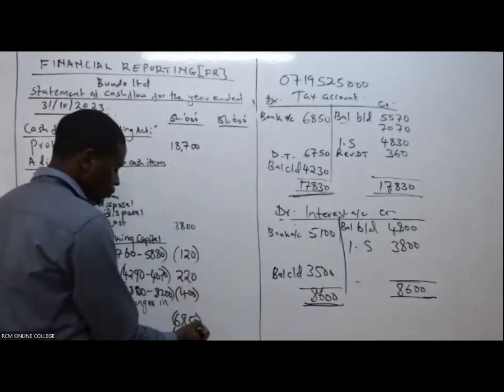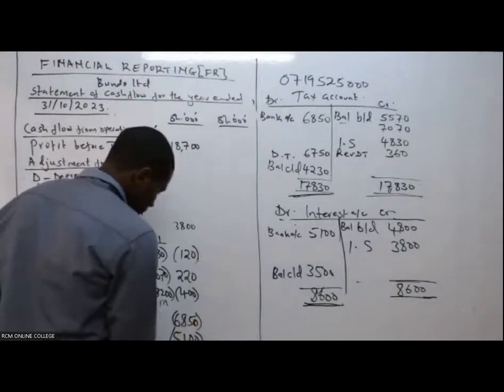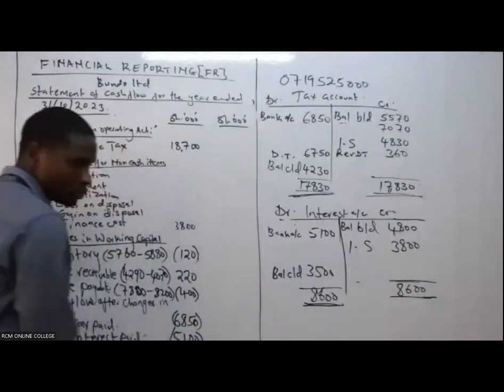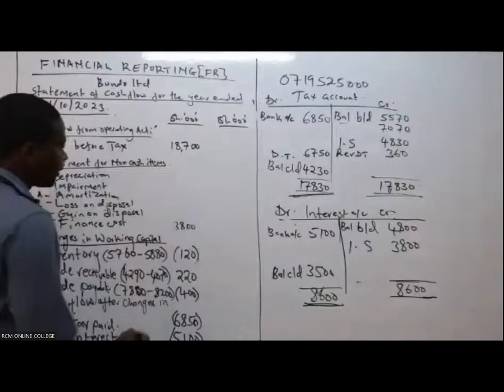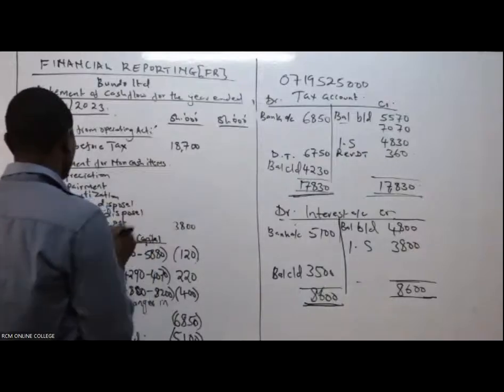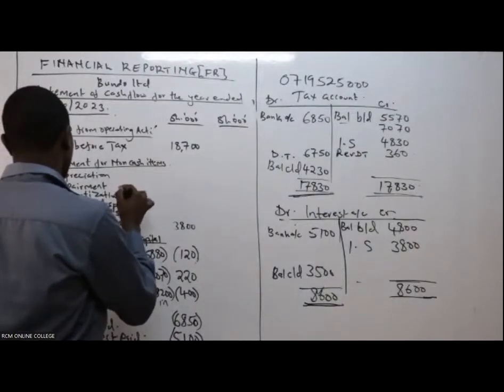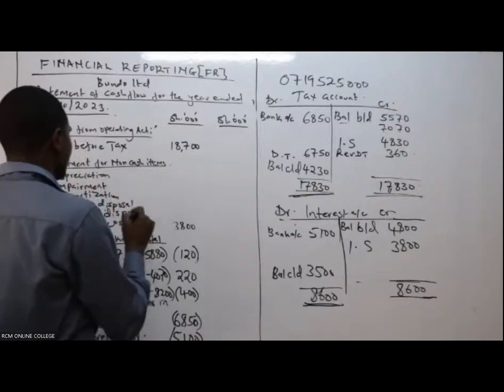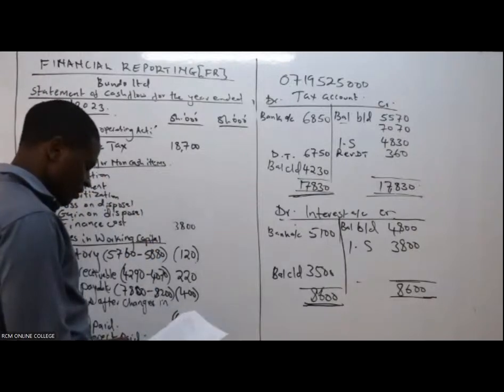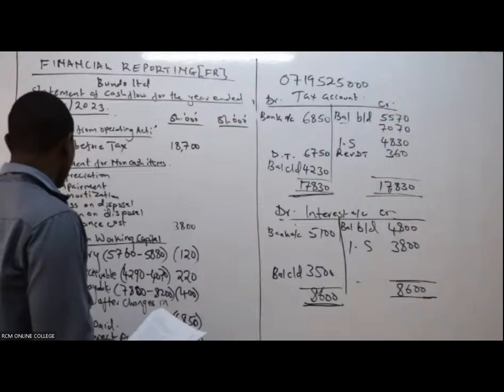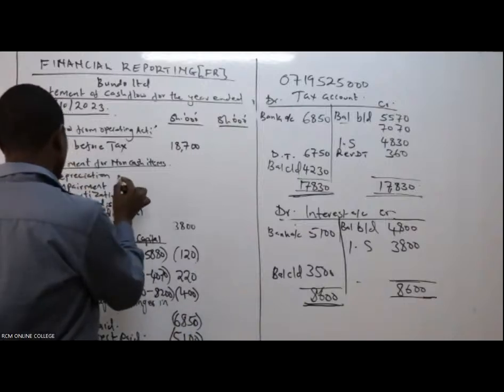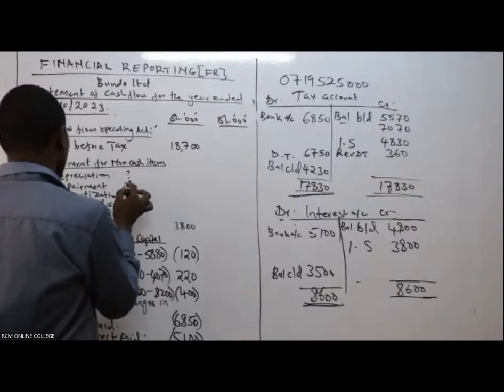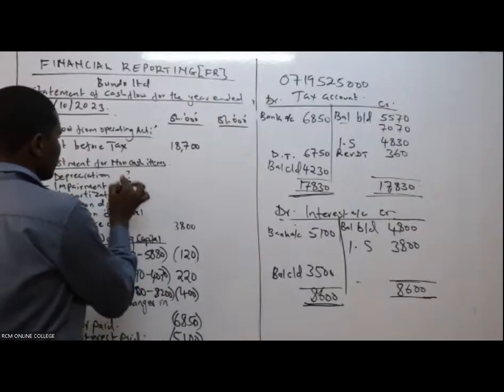Now class, I want to give you some task. Please go. In our question we have PPE. We don't have very many things, but we have PPE. So under PPE we can get depreciation, and then we had intangible asset. We can get impairment.